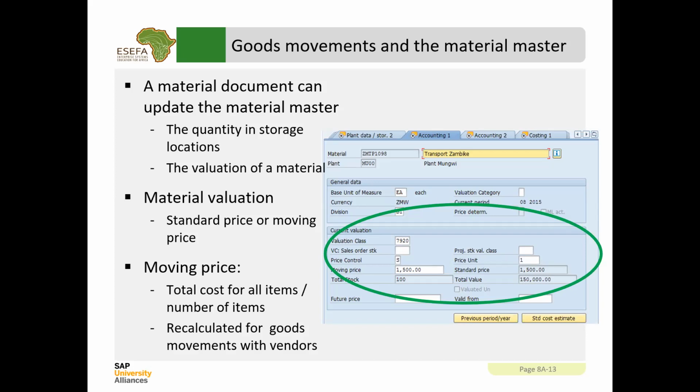You see the total value. So how do we get the total value? Total stock multiplied by the price gives us 1,150,000 as the value. So these are the information, and these things are generated automatically once it has been updated in the system.